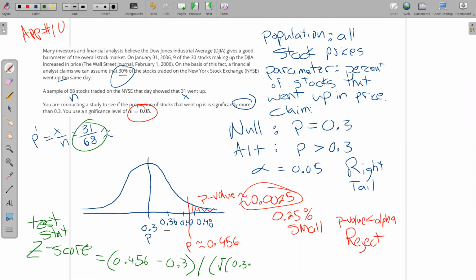Q would be 1 minus that, so that would be 70%. And then I had a sample size of 68. And so then I would whip this out on my calculator.